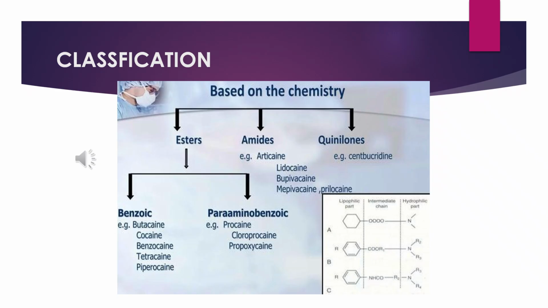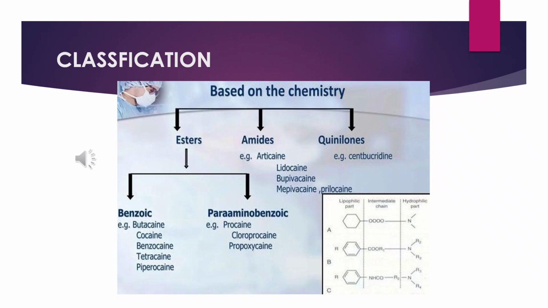Now we come to our main classification, which is based on the chemistry. We have three types of LA based on their linkage. Ester linkage are the esters, amide linkage are the amides, and quinolones. In ester type LA, we have two types, benzoic or para-aminobenzoic acid.